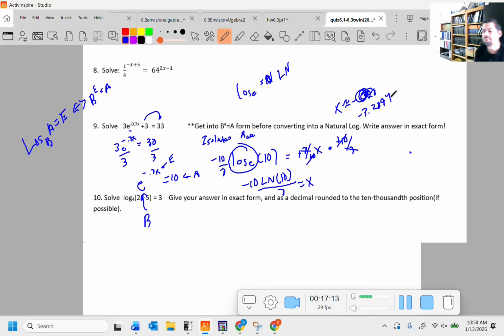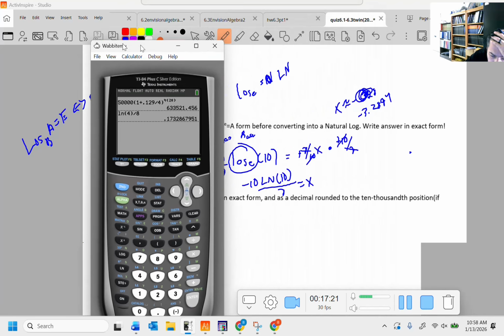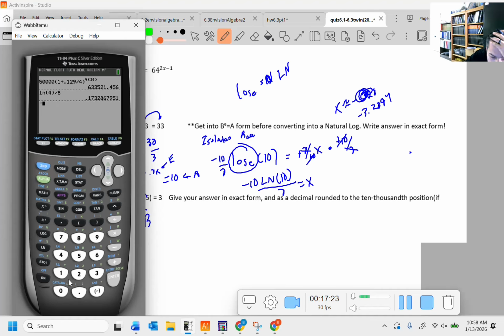Now, is that the same as what I wrote? Well, what I wrote's perfect because it was not rounded. But let's see if they are the same decimal, and they should be. This is also a very good way to check yourself. If I want to know I'm right, can I compare and contrast to a graph? And by golly gee, wow, I can. So again, I'll probably give half credit for this, but it all depends on if I remember to or not, to be quite honest with you.